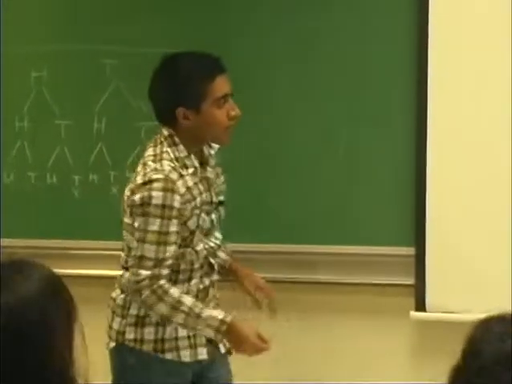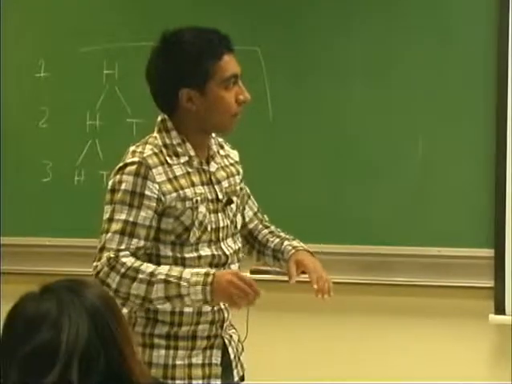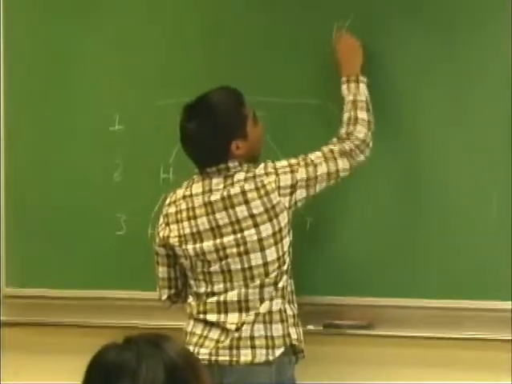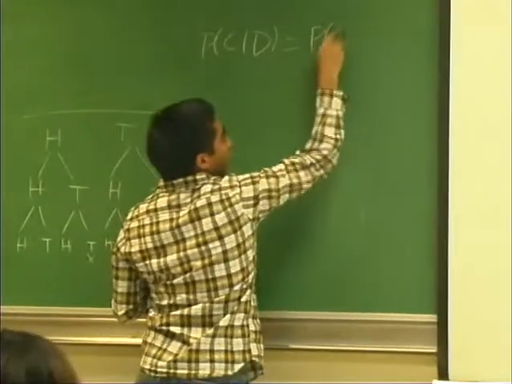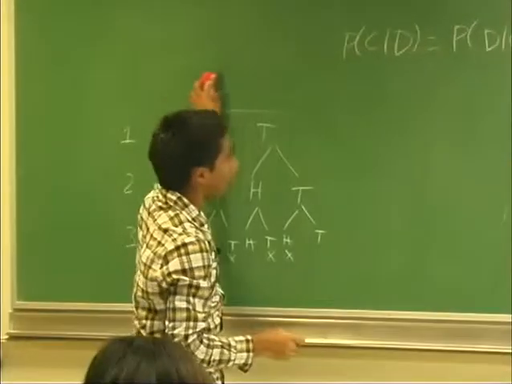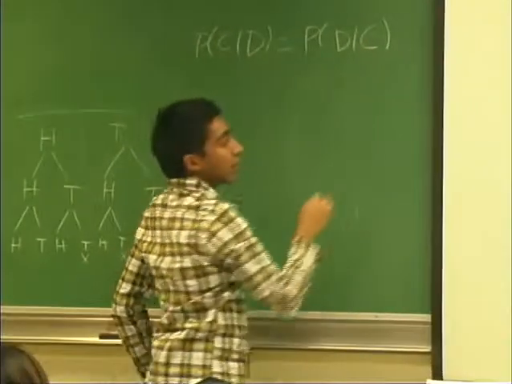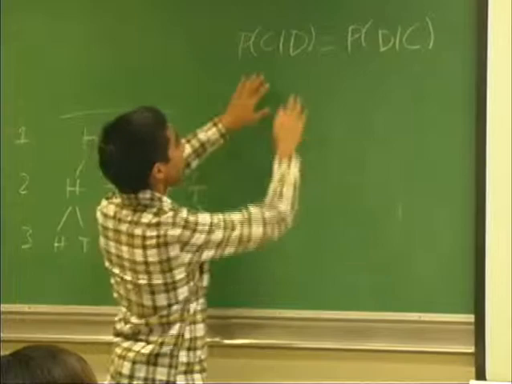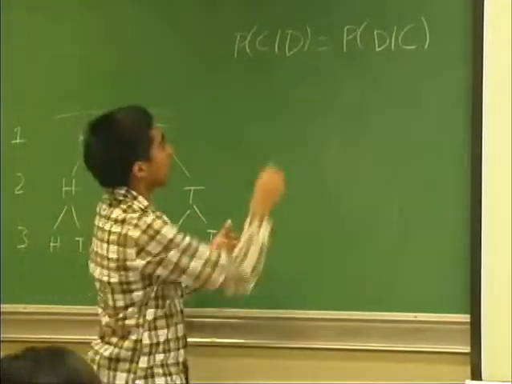Okay, so number 6 is asking, there's a condition when the probability of C given D equals the probability of D given C. And so using the hint, it says, use the definition of conditional probability. So it's saying rewrite these in terms of a formula for them.